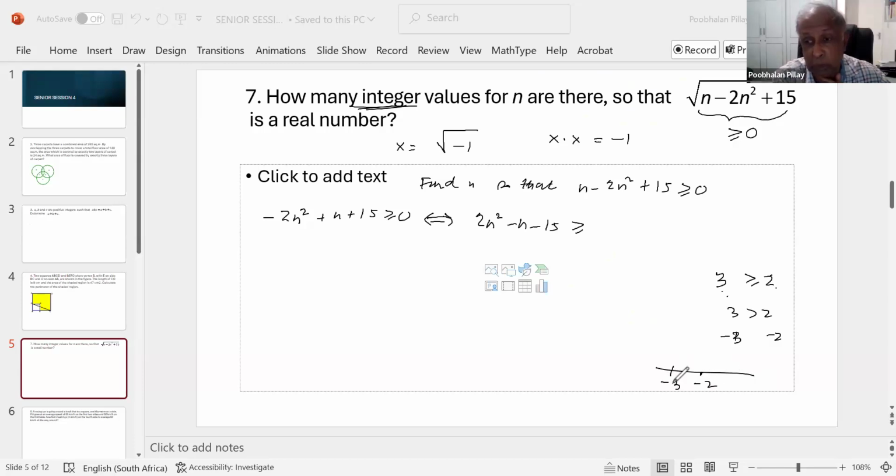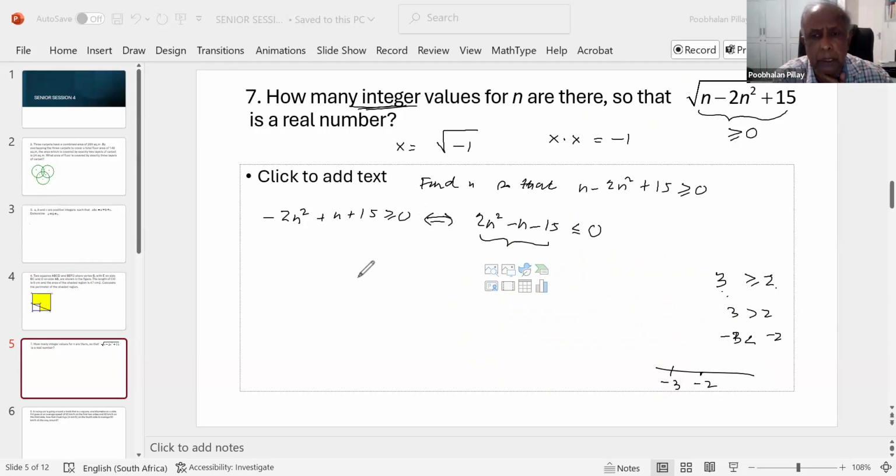So -3 is smaller than -2. Whenever you multiply by a negative, the sign changes. So I had positive here, I should have had negative, and this sign now changes to less than or equal to.